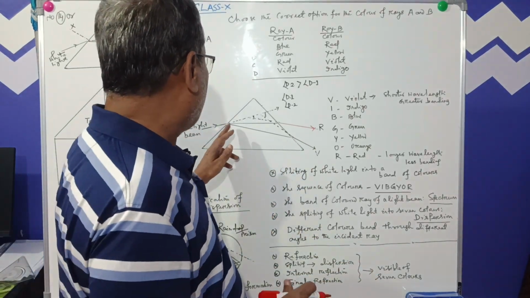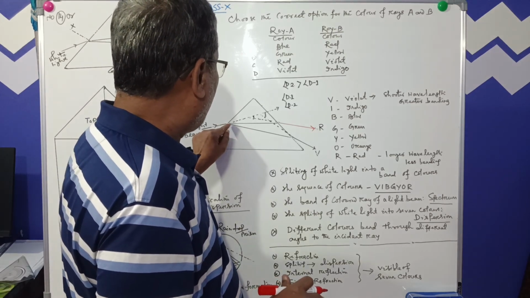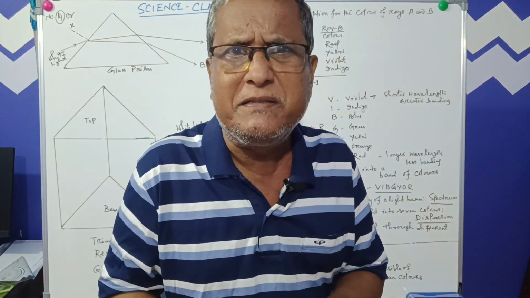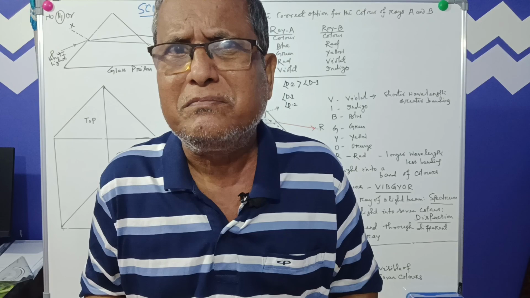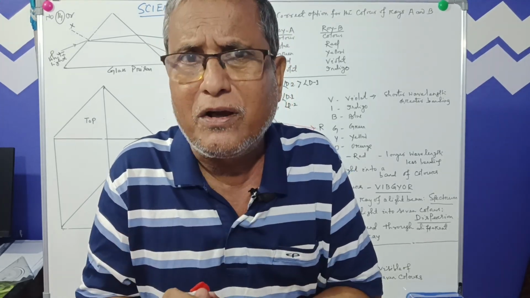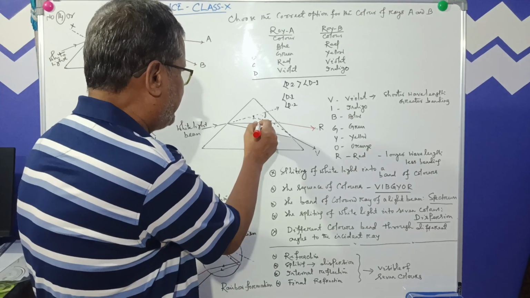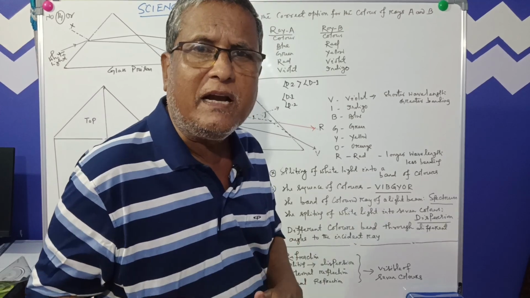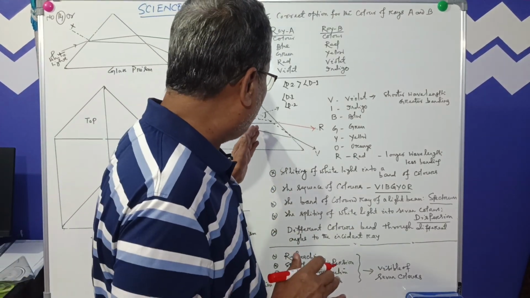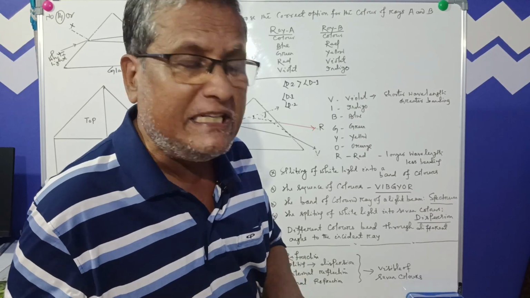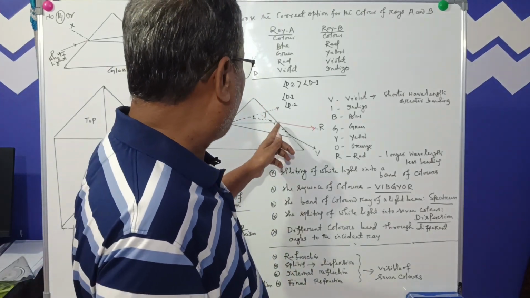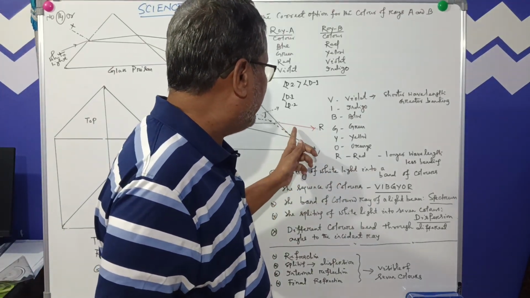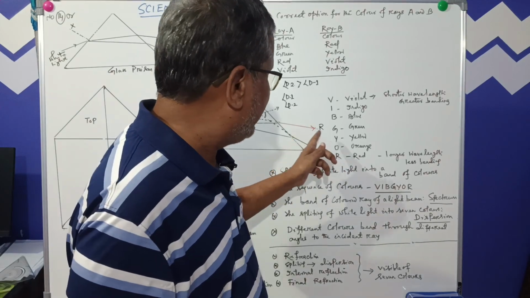So now see, after refraction, the light beam splits into a band of colors. Now you see the gap. That happens inside a prism. This phenomenon is called dispersion. We shall discuss. And after dispersion, you see these are called emergent rays.